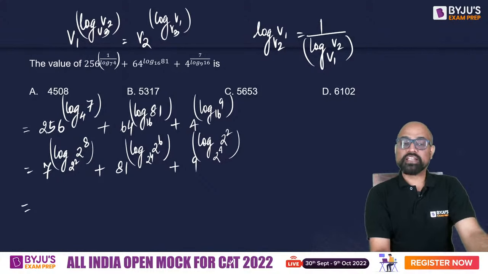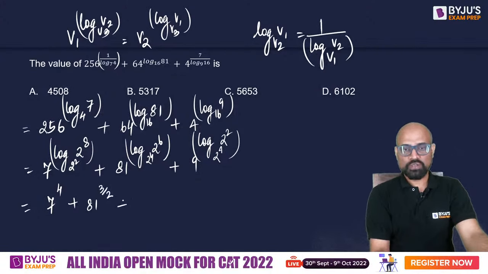Now the numerator will become 8 by 2, that is 4. The next one we will have is 6 upon 4, which is 3 by 2. And the next one we will have 2 by 4. The powers will divide, right? So 7 to the power 4 is the same as 49 square, which is 2401.